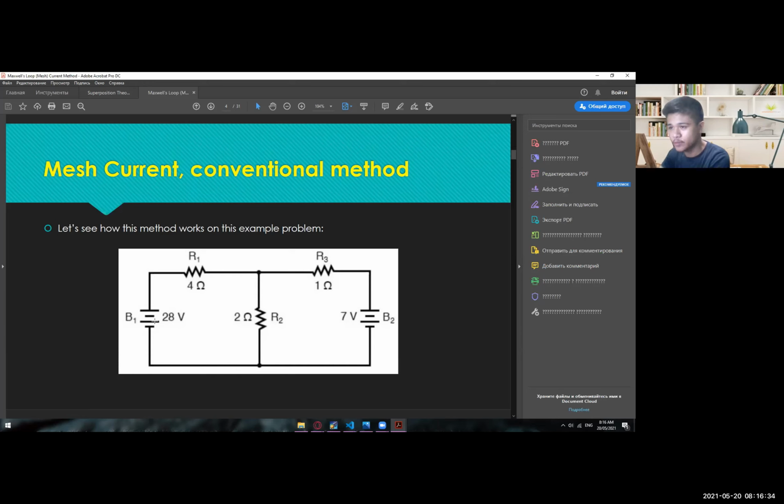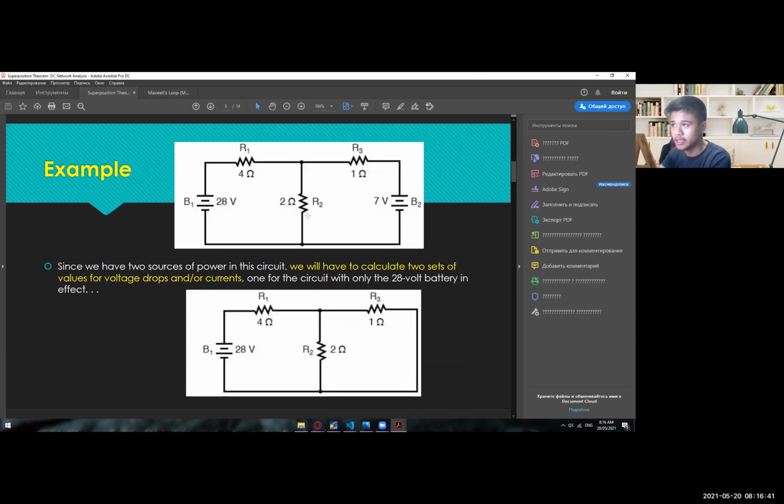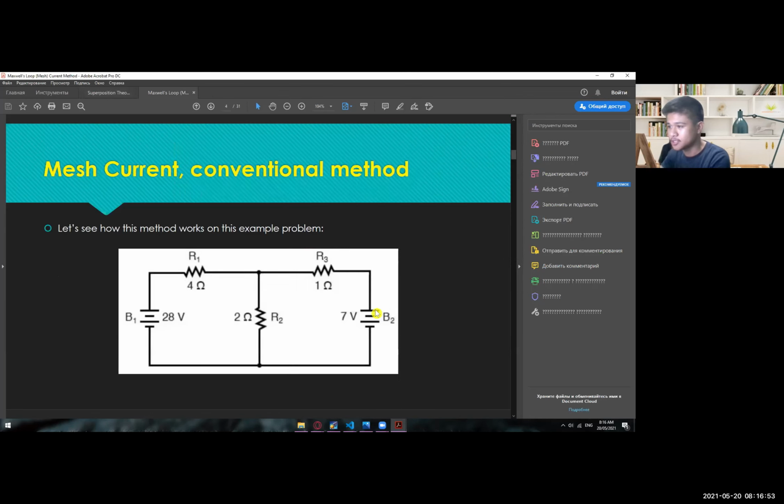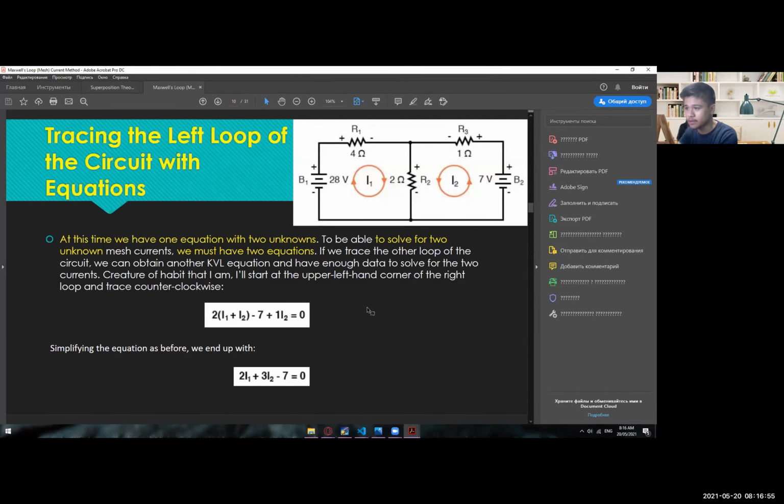As you can see, you have 28, 4, 2, 1, and then 7 volts, which is the same as this example: 28, 4, 2, 1, and 7 volts. We are going to prove that just by using superposition theorem, we can also have the same result. Let me show you the result here.